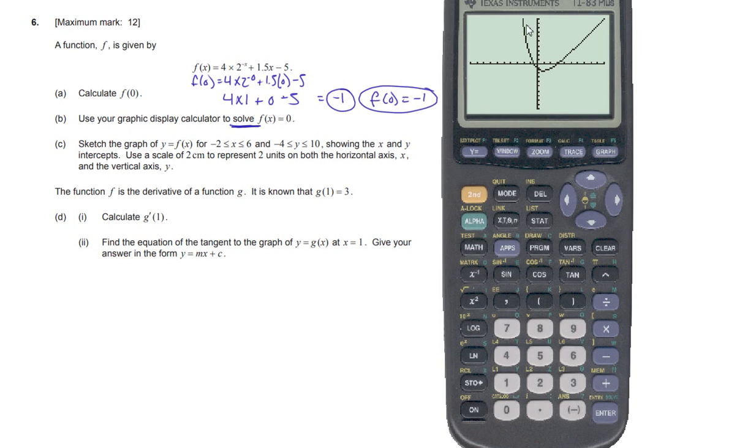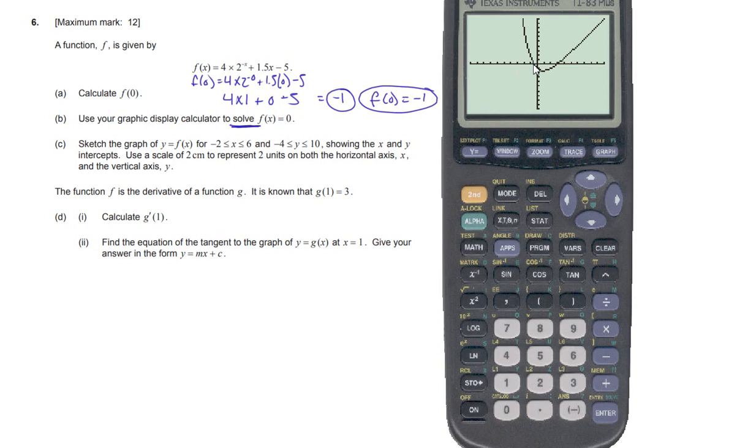Okay, so use your graphics display calculator to solve f of x equals 0. Now remember, the directions specifically say that anytime you're using your graphing calculator to find solutions, you need to draw a sketch. So what we need to do is sketch this. But let's do this first: let's find our solutions. f of x equals 0 is when y equals 0, so that's our two x-intercepts.